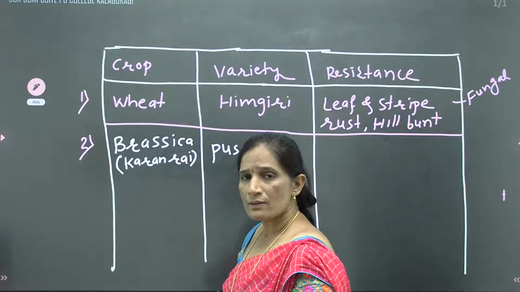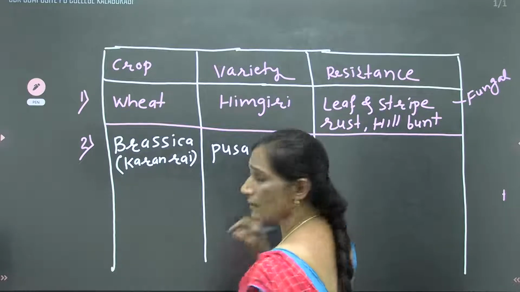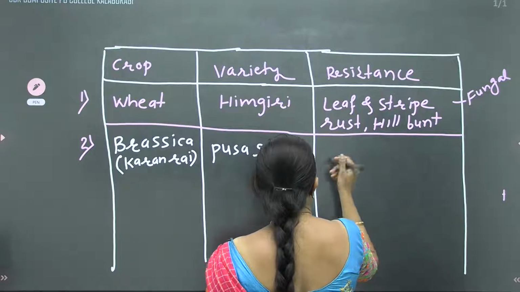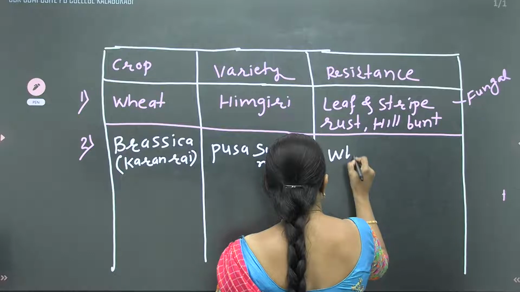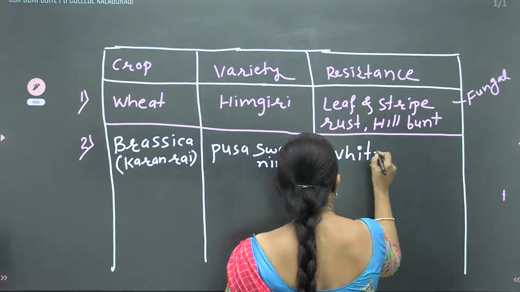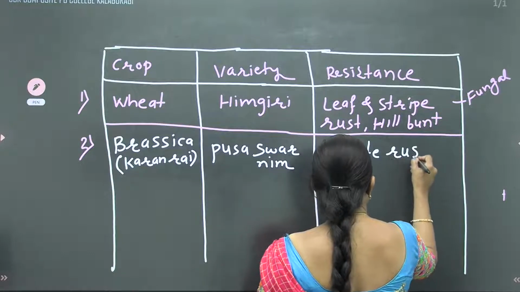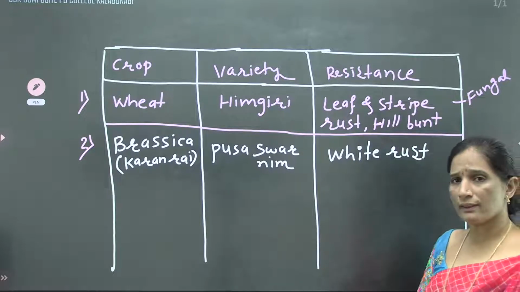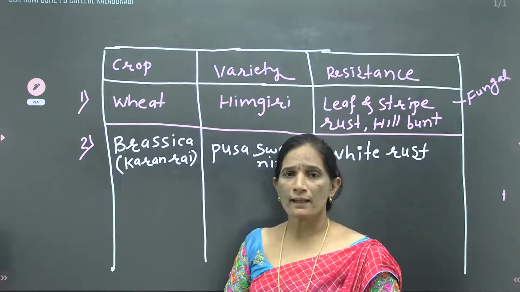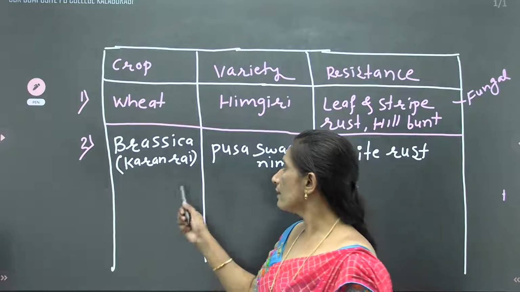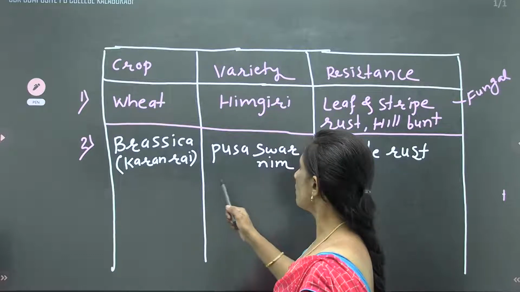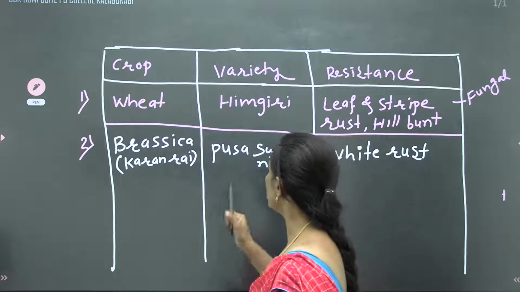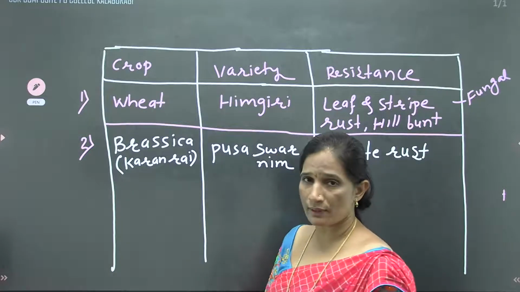Okay. So this variety is resistant to which disease? It is resistant to white rust. Is it clear? The second crop plant is brassica. Brassica is also known as currant rye, and this crop is resistant to white rust, and the variety of this one is Pusa swarnim.